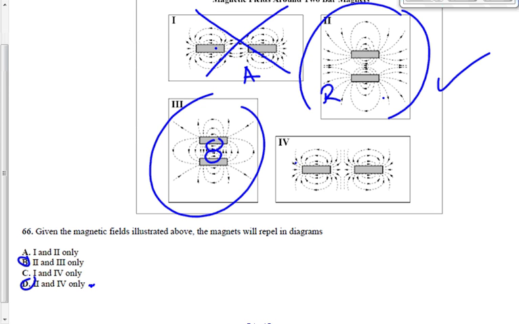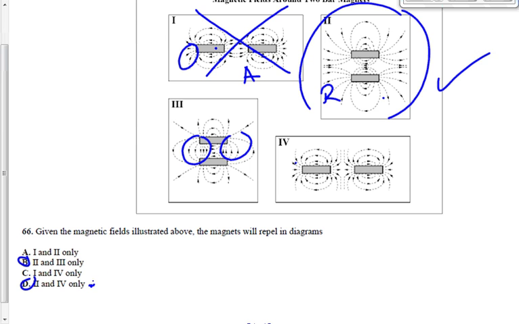Well, the reality is we don't always get field lines joining up when things attract each other. This field line doesn't join up with anything. There's still a force of attraction there. If you get some of the field lines joining up, it's attraction. You don't have to get all of them. And clearly in this one, option 3 here, we get some of the field lines joining up from one magnet to the other. So it's got to be attraction. D is the correct answer there.